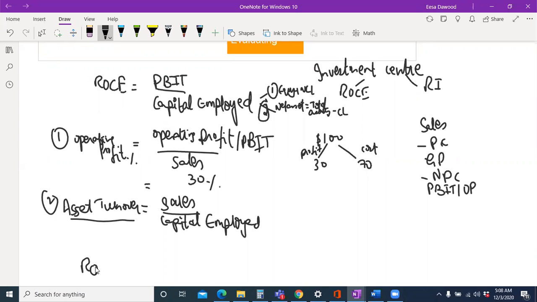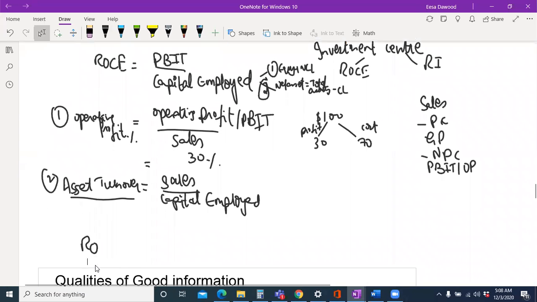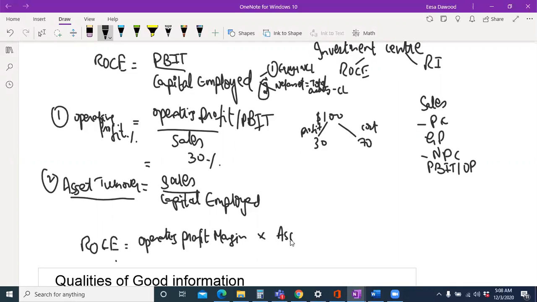The relationship between the two is that return on capital employed is the product of operating profit margin into asset turnover. Now we need to know what asset turnover is.